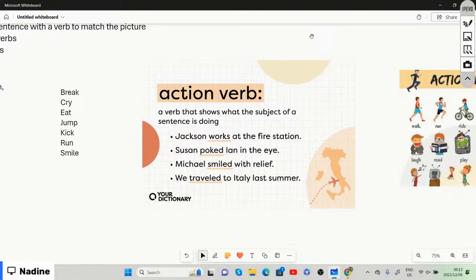The subject is either the person, the animal, or the thing that we are talking about. So the verb basically shows what that thing, person, or animal does or is doing.